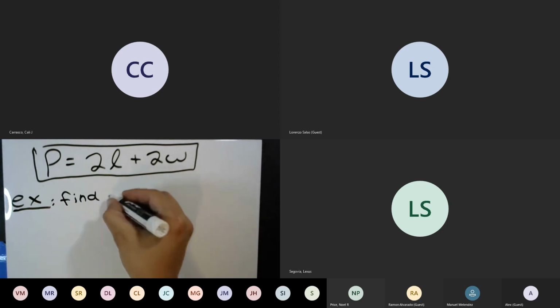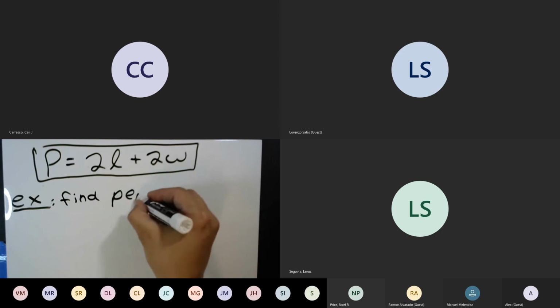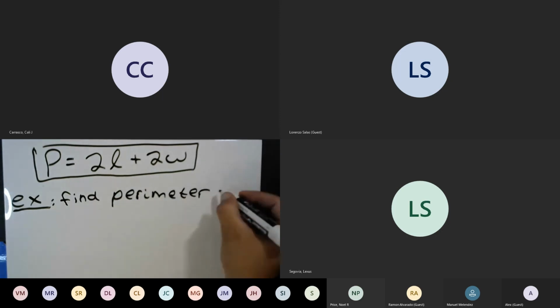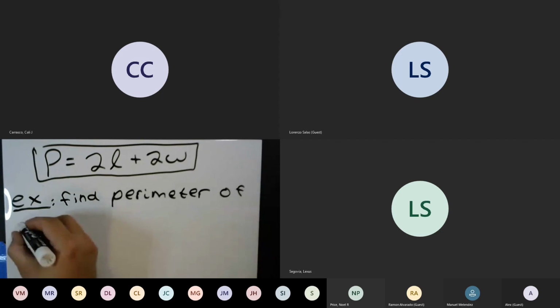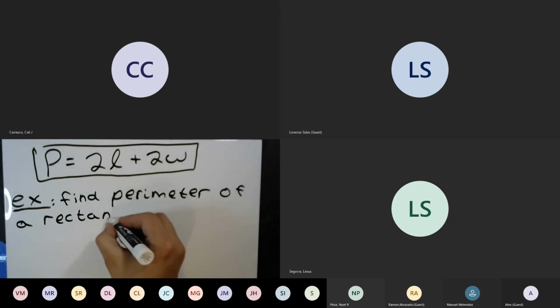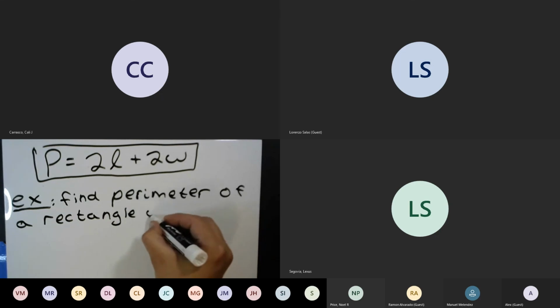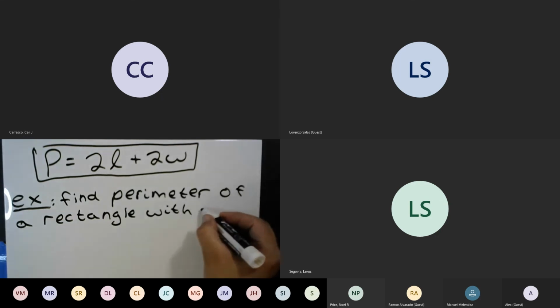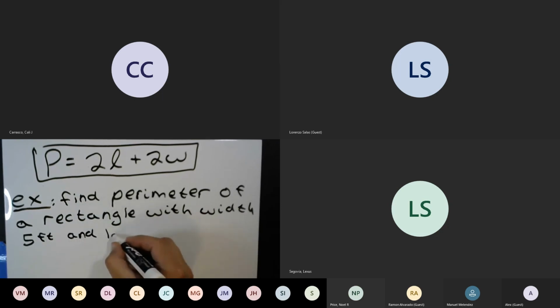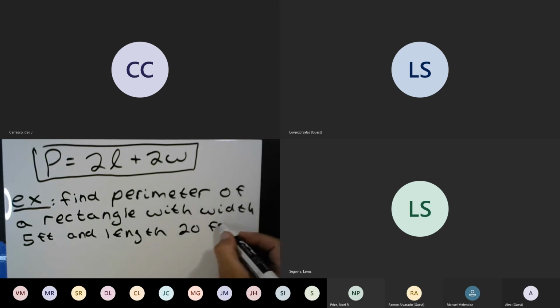Let's find the perimeter of a rectangle with width 5 feet and length 20 feet.